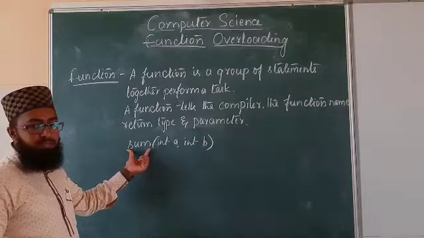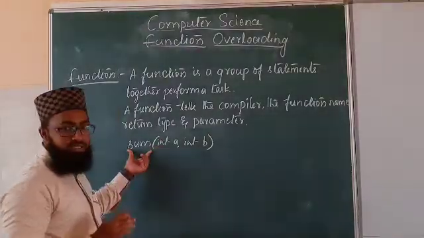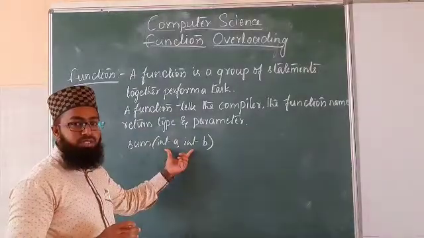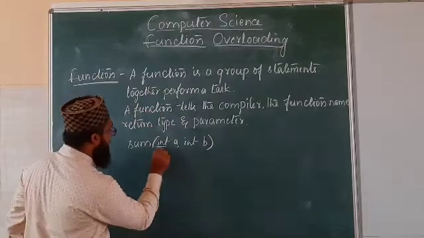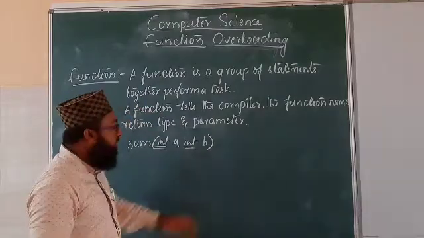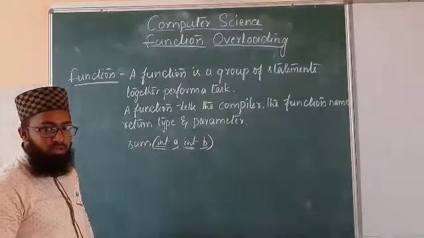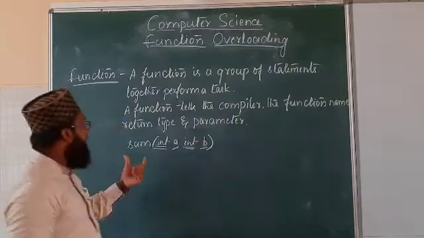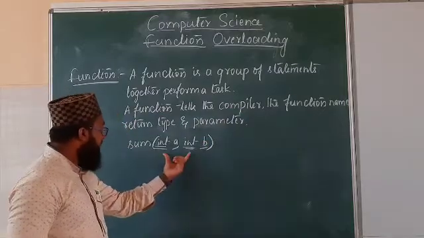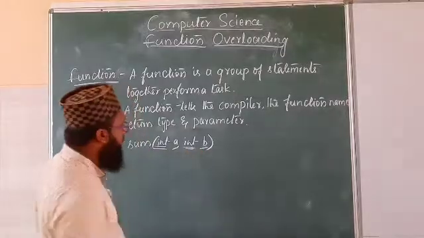Sum is a function having parentheses, and inside the parentheses we take the arguments. The return type is integer, and a and b are parameters. So this function tells the compiler the name of the function, the return type, and the parameters. Hope you have understood this.